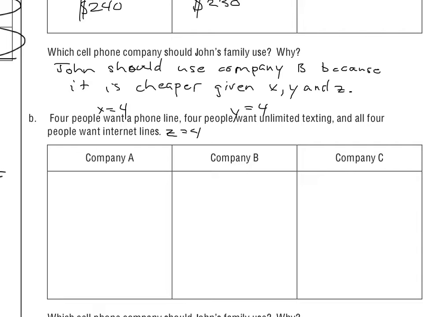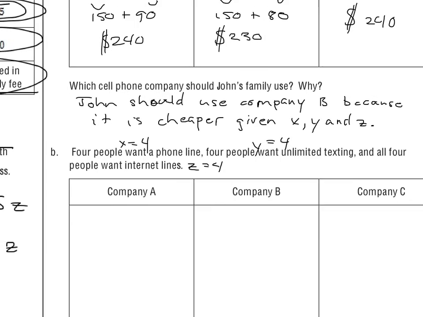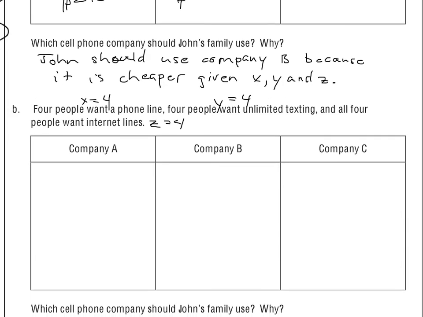Again, rewrite the expressions for each company, put in the values for x, y, and z, and determine which company would be cheapest. Pause the video now to get your work done.